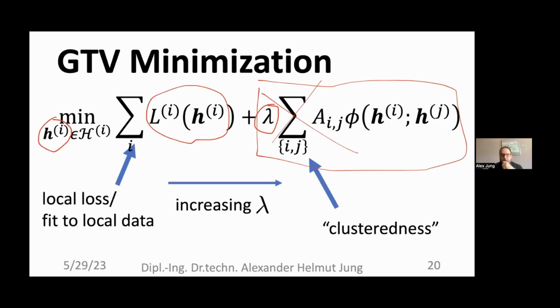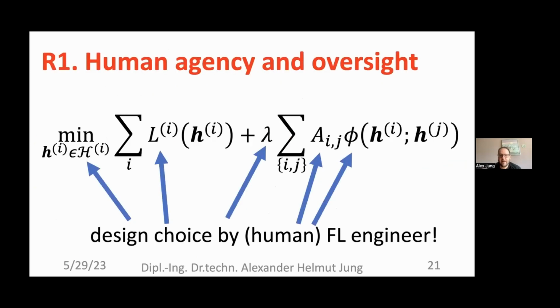All right, so now I have introduced rather quickly GTV minimization as a design principle for federated learning. Most of the existing methods and algorithms that you will see in the federated learning literature are different optimization algorithms for solving certain special cases of this GTV minimization. Here I already want to point out how we can have human agency and oversight.